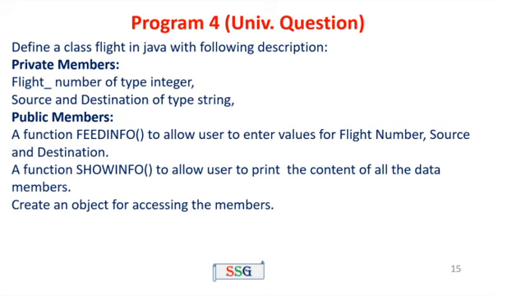That means showInfo displays all the values for the variables. Create an object for accessing the members. Okay. That means we have one class, the Flight class. The Flight class contains 3 variables: flight_number, source and destination, and 2 methods. The first method is feedInfo for getting the input from the user, and showInfo for displaying the output to the user. Okay.